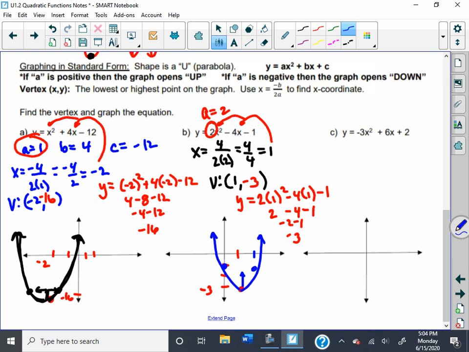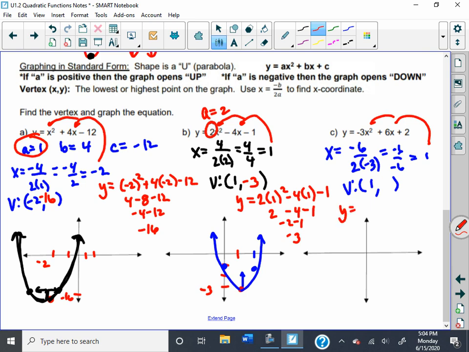All right, and then this last one, C. A is negative 3, B is 6, and C is 2. So x equals negative b, negative 6 over 2 times negative 3. Negative 6 over negative 6 is 1. So the vertex is 1 comma something. Let's plug 1 in for all the x's.